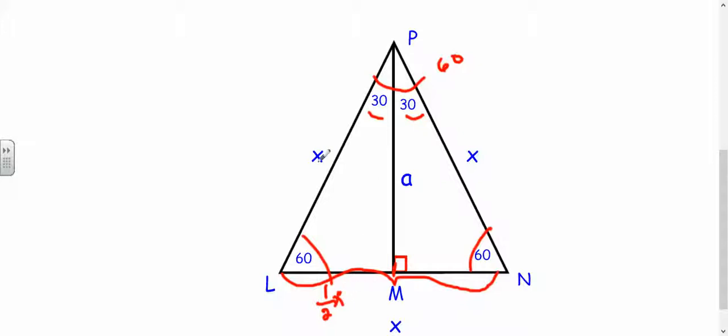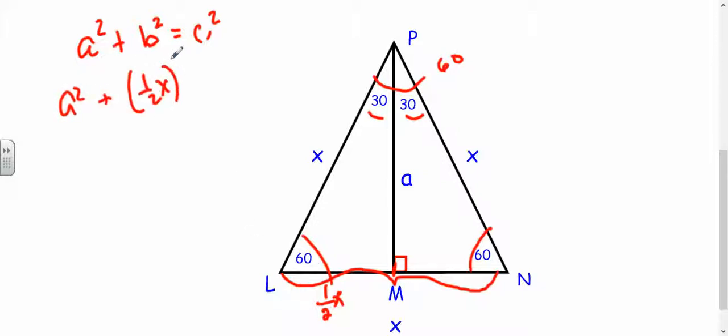All right? And see, you know this is x, and this is your unknown, because you know this is an equilateral triangle. So if you wrote it as a squared plus b squared equals c squared, your a is still here, so we're going to leave the a. We're going to make this (1/2 x) squared, and then this is x squared.